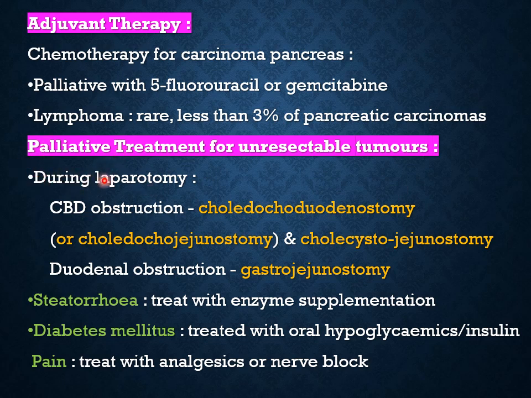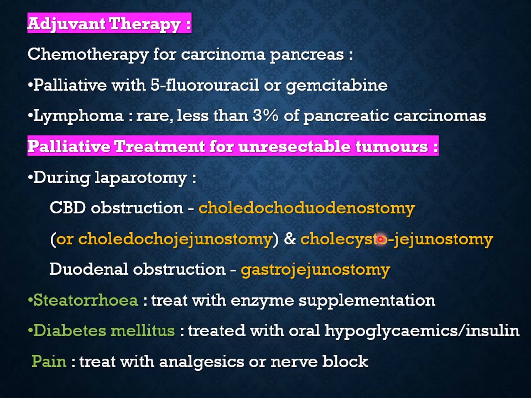So during laparotomy, if the CBD is obstructed, you can do a choledochoduodenostomy, bypass surgery, or choledochojejunostomy, and cholecystojejunostomy. These are the three bypass procedures you can do if the CBD is obstructed, to relieve the obstructive jaundice.